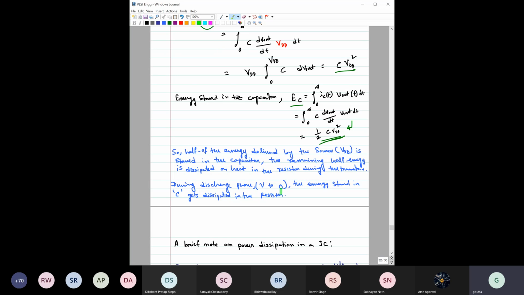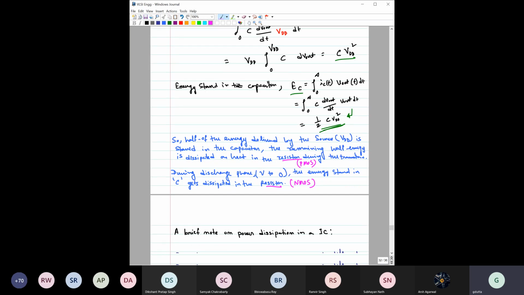So here this resistor is basically the NMOS, and in the charging case the resistor is basically the PMOS equivalent resistance, right? So I hope this part is clear to you. This is quite an important thing that we should understand and know. Fine. Okay. If there is no question, then we can move forward.